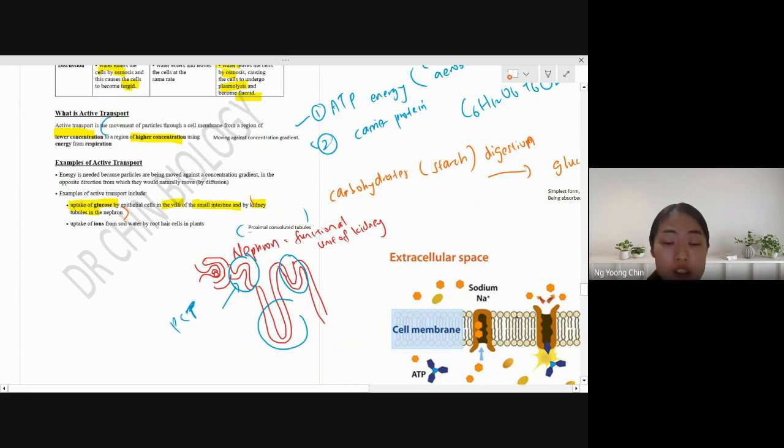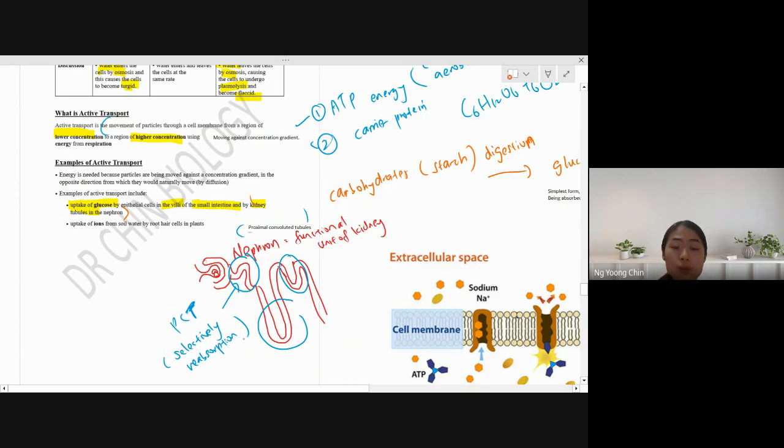So during formation of the urine, the filtrate will pass from the blood capillary, and then reach this proximal convoluted tubule, right? And then this proximal convoluted tubule does selective reabsorption. What is the meaning of reabsorption?